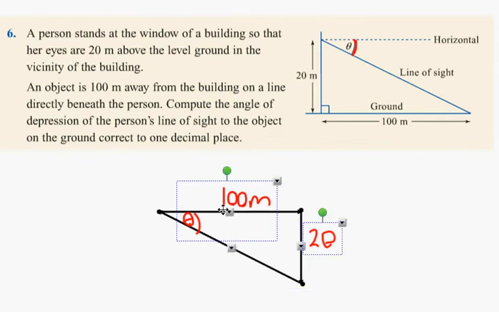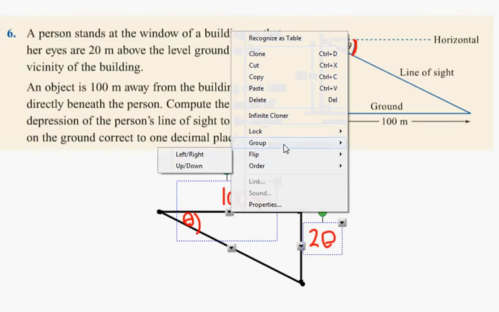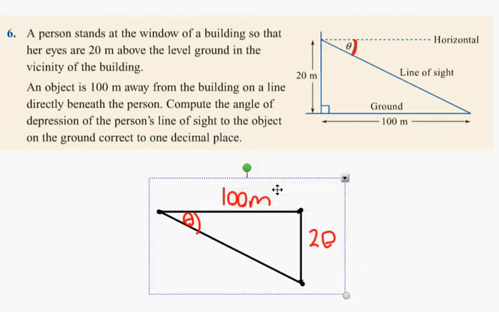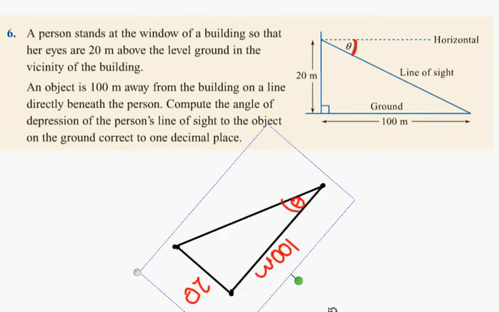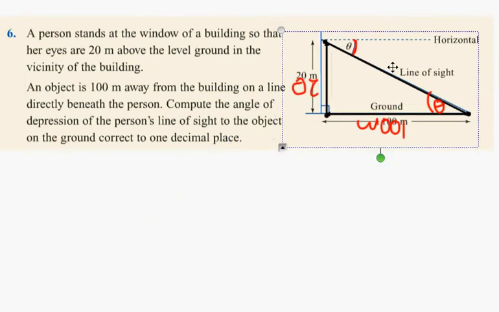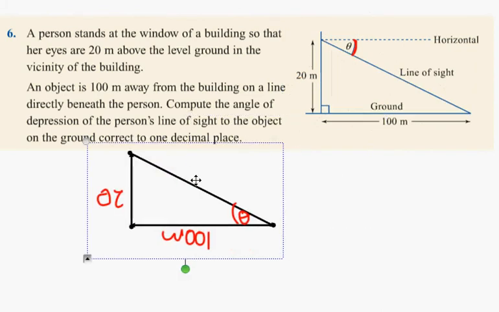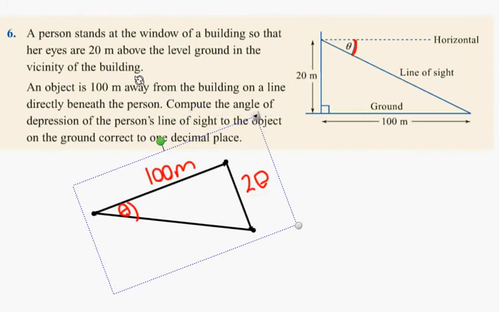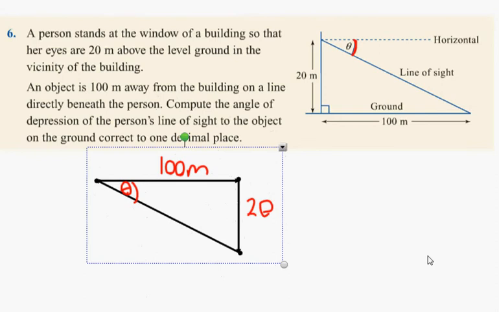So I'll just group it this way. There we go. So if I was to turn that upside down, it fits directly into that one there. So you can see it's actually the same. It's the same triangle. Okay. That's because I made the hypotenuse slightly short.